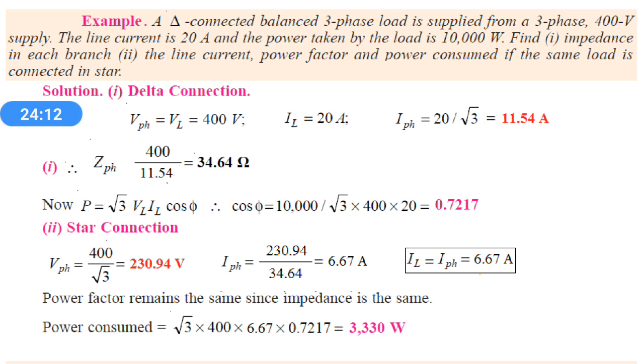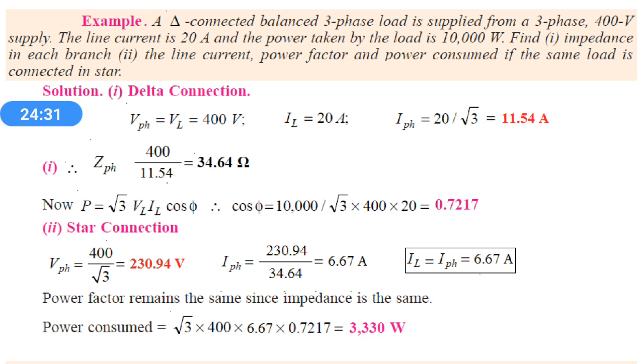Next problem. A delta connected balanced 3-phase load is supplied from a 3-phase 400 volt supply. The line current is 20 ampere and the power taken by the load is 10,000 watts.